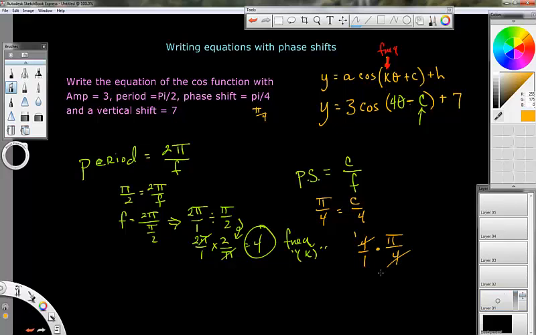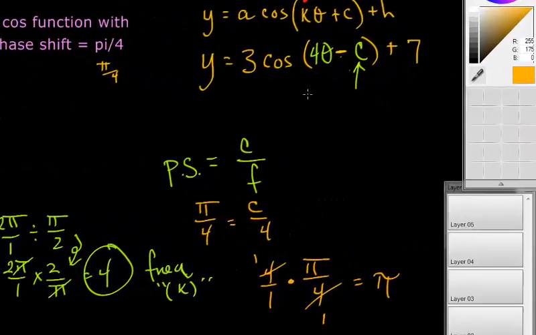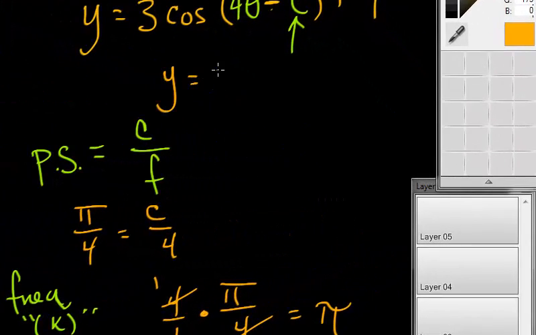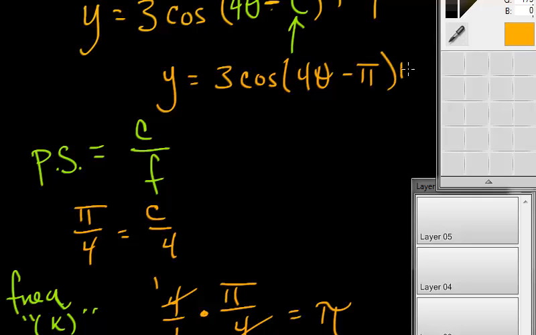And you can see that that just cancels, and you get pi. So no matter what you do, you're going to wind up with pi right there. So this c will be replaced with pi. So we could rewrite our final answer here: 3 cosine 4 theta minus pi plus 7.